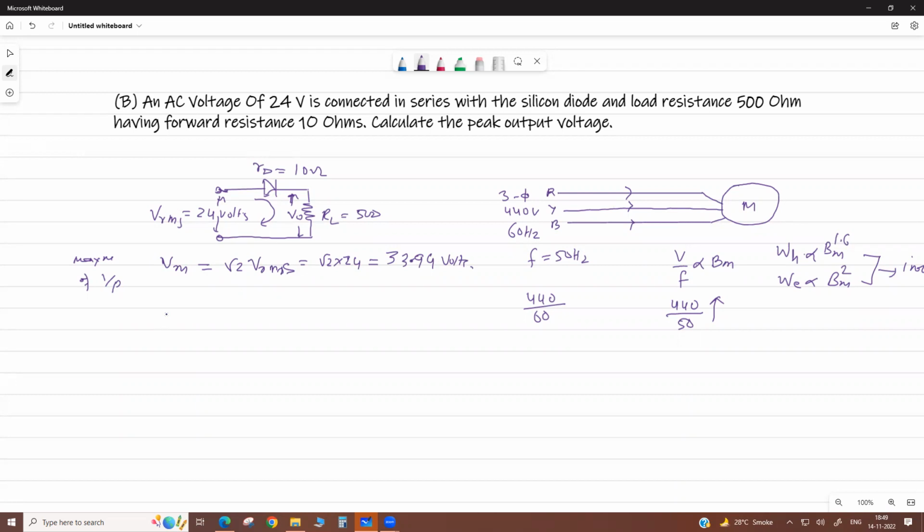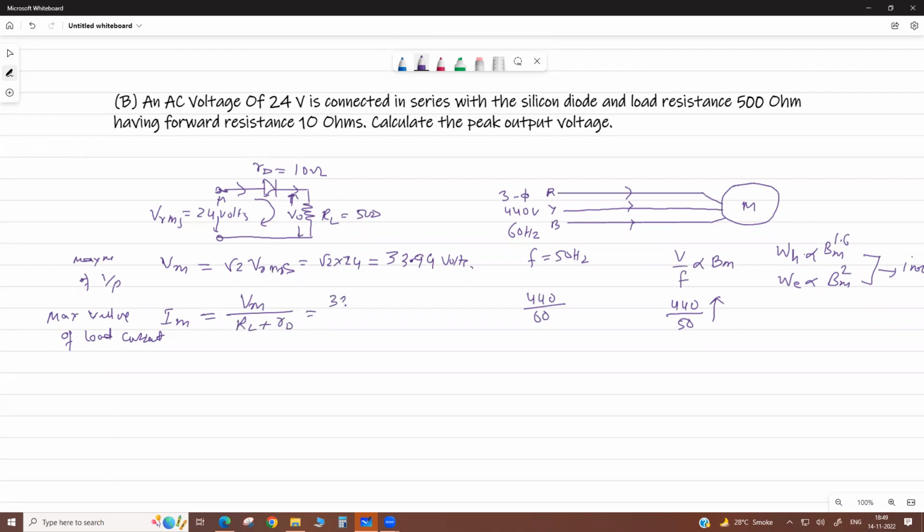Now we calculate the maximum value of current that flows through this circuit, because input current equals output current. This is the maximum value of load current. It is the maximum value of applied voltage divided by total resistance, RL plus RD.